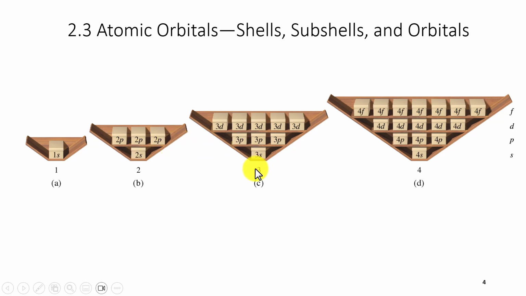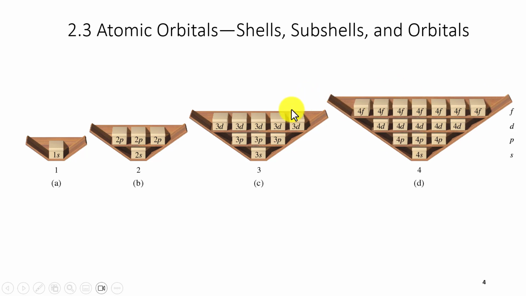If now I move to the third cabinet, I have three shelves now. I still have the S and the P, just like I do with the second cabinet and the first cabinet, but now I'm adding a third shelf in that cabinet, and that shelf contains 5 orbitals, 1, 2, 3, 4, 5. The same thing with the fourth cabinet.